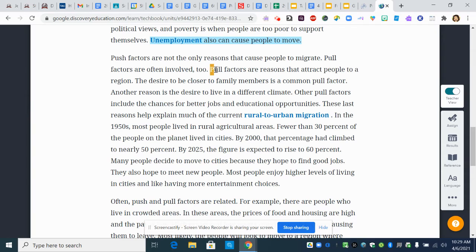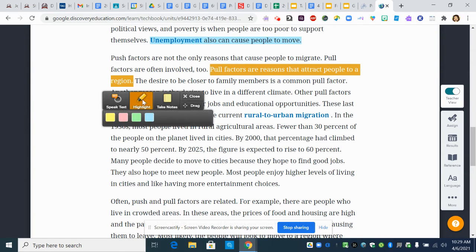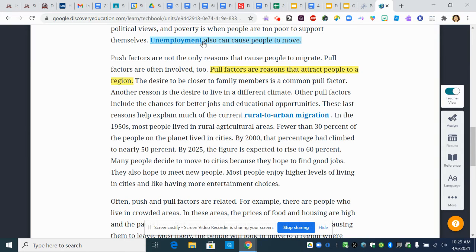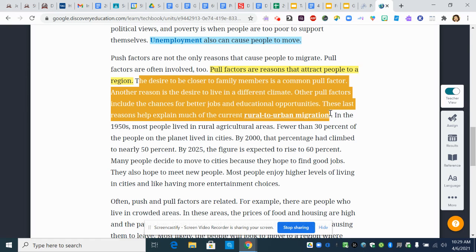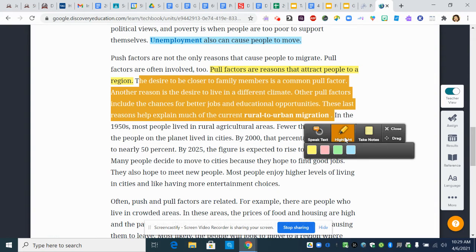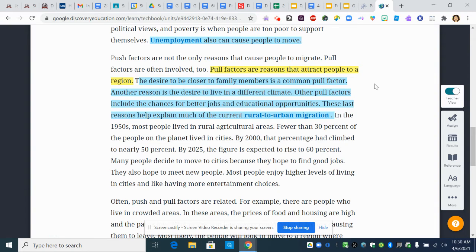All right, so pull factors is something that we need to know. So this is the definition of a pull factor. What attracts people to a region. So here are some reasons here. I'm going to highlight those in blue, sorry.